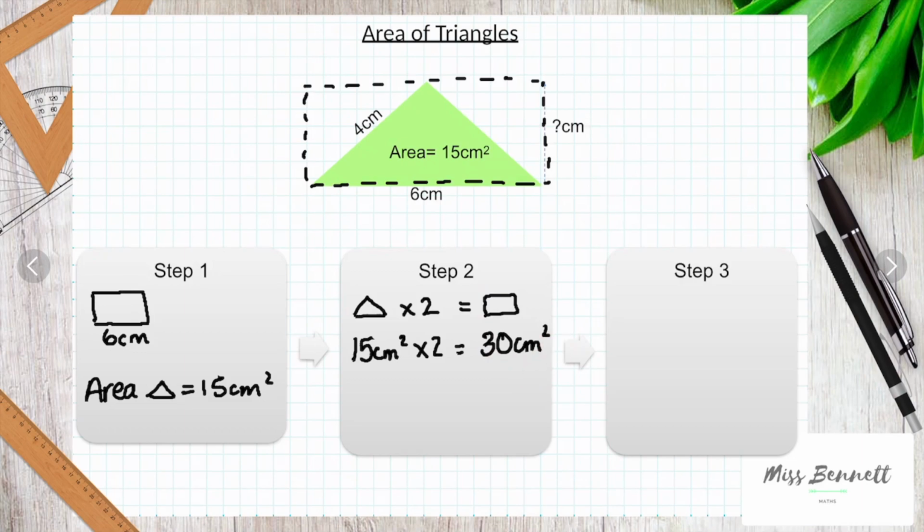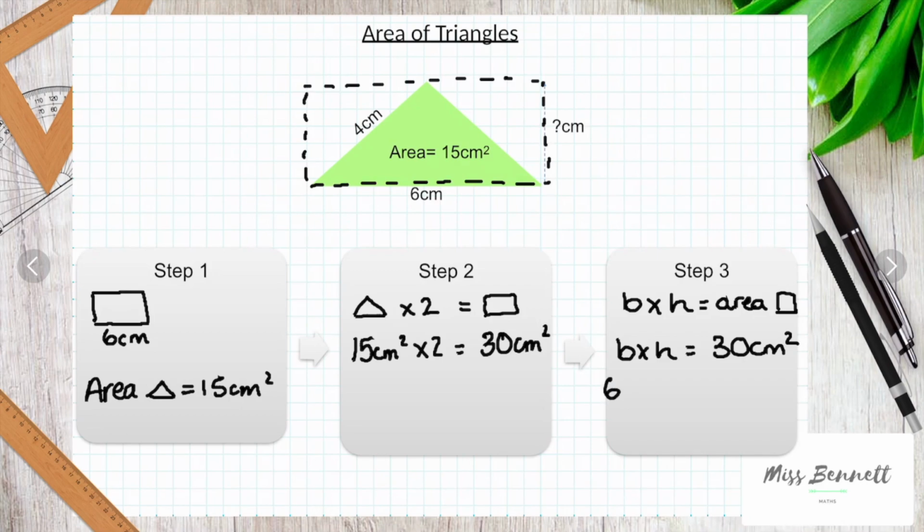So using the knowledge from the area of rectangles video, I know that base times by height gives me the area of a rectangle or a square. So the base times the height is going to give me 30 centimetres squared. Well, from the beginning, I know the base, it's 6.